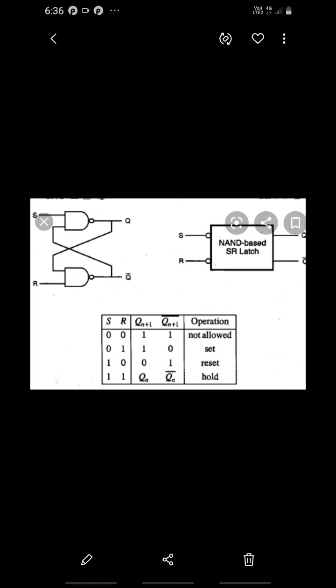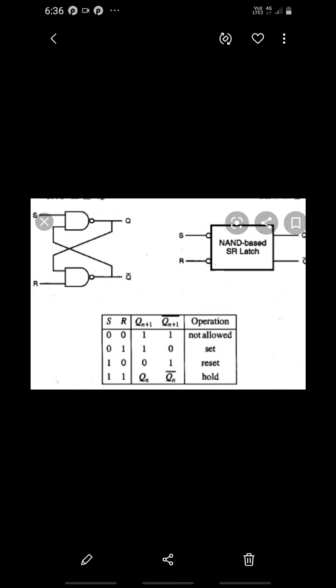So its output is y is equal to a into b bar. So all 1 1 1 0, the output. Based on that we can operate the SR latch by using the NAND gate.